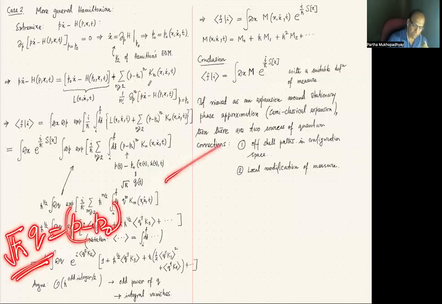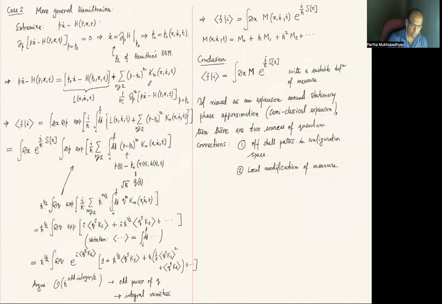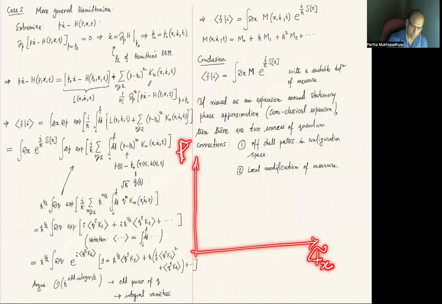What it means is this. Let me not draw a two-dimensional surface, but to simplify, let me draw one-dimensional lines. So this is your configuration space function space, and this is momentum function space. And this is the Legendre transformation surface.